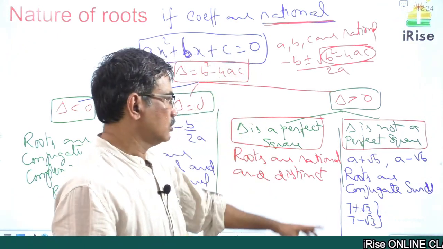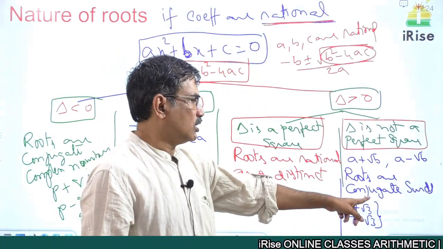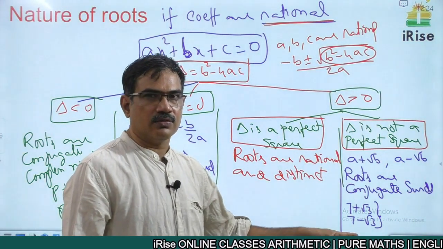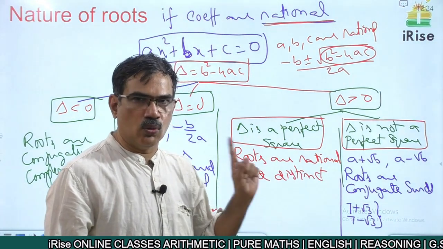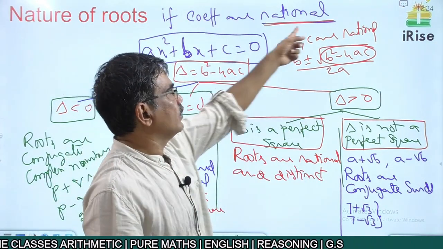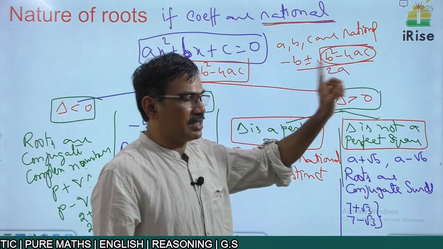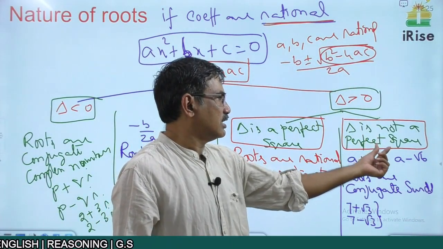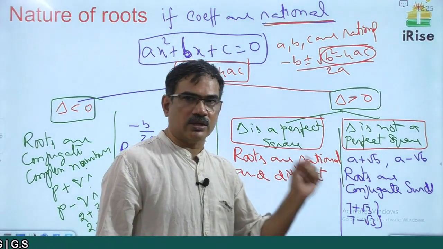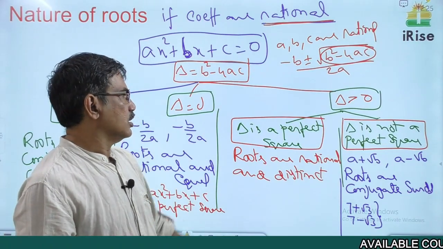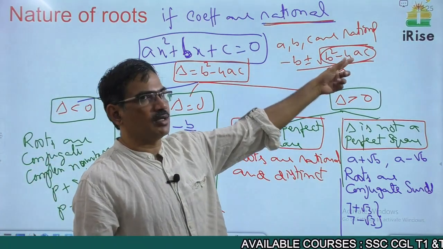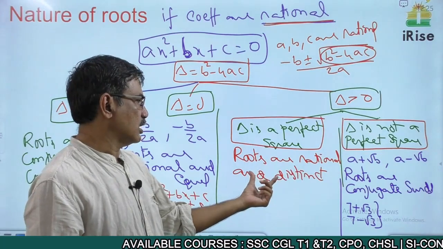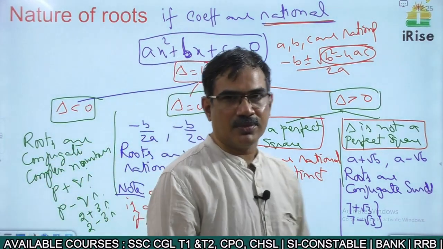So here the roots are conjugate surds for a quadratic equation if and only if the coefficients are rational and delta greater than 0 and it is not a perfect square. That is the condition. If delta is a perfect square, the roots are rational and distinct.